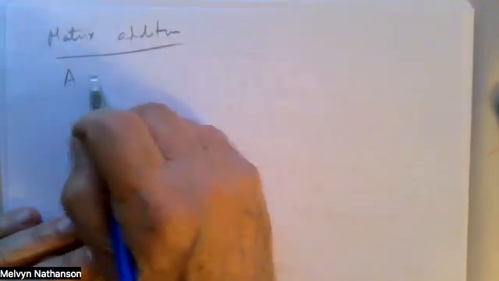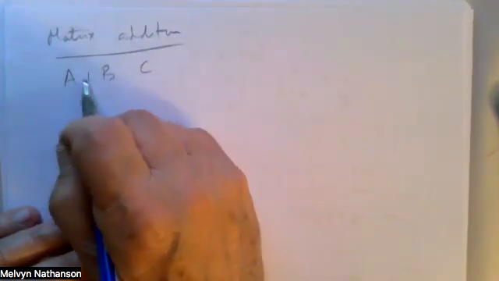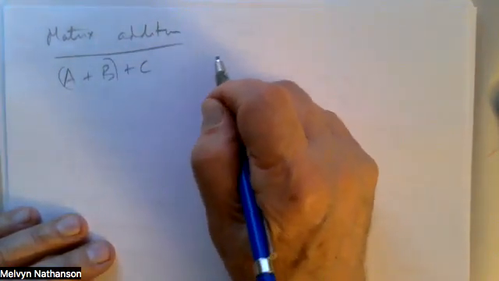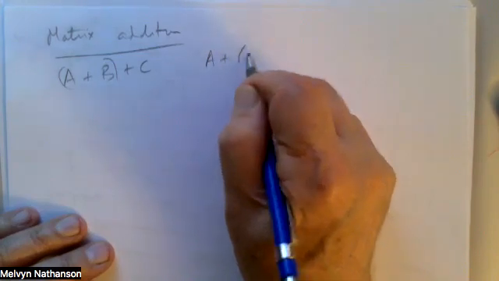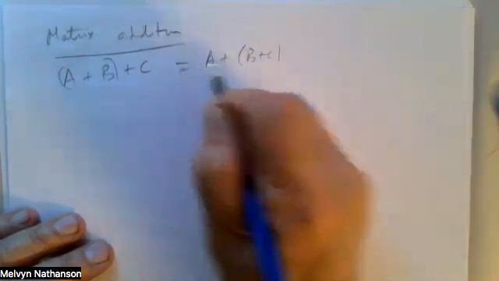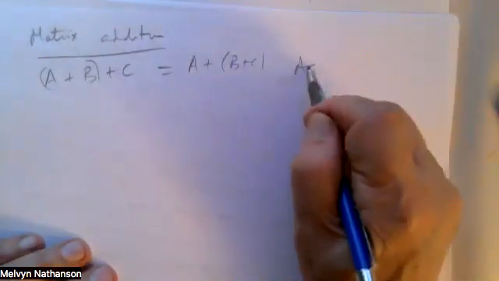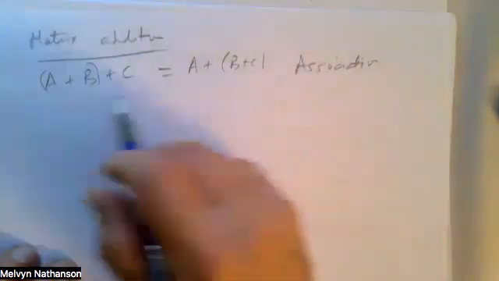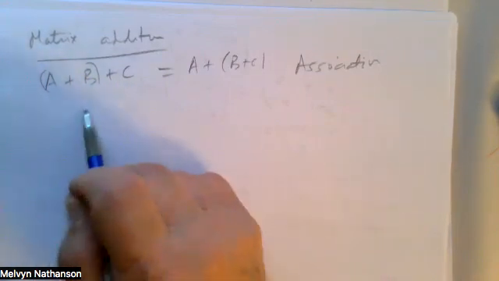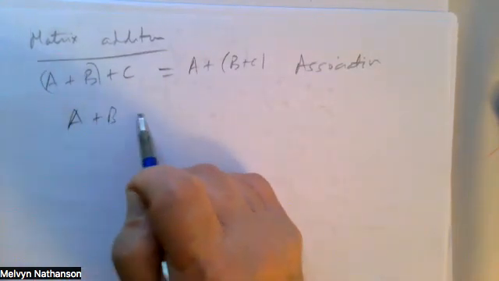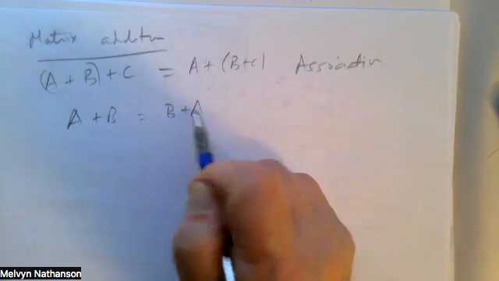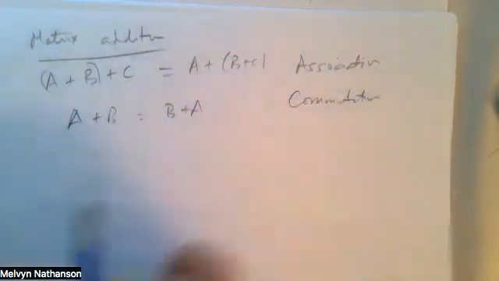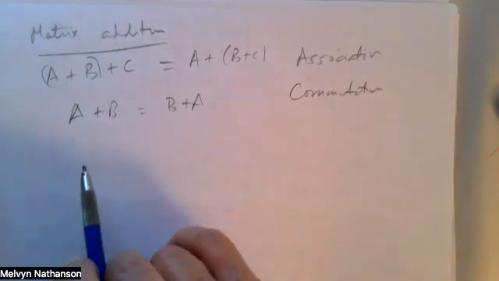If you have matrices A, B, and C, you can add A plus B and add C to that, or you can add A to the sum of B plus C, and you always get the same thing. So the word for that is associative. Matrix addition is associative. If you add A and B, you get the same thing as adding B and A. So matrix addition is commutative.